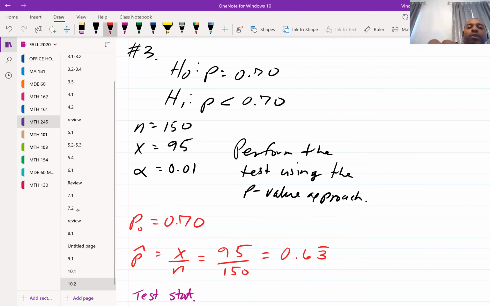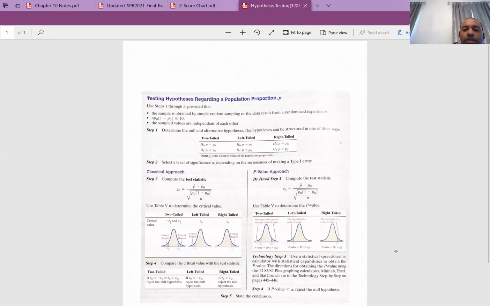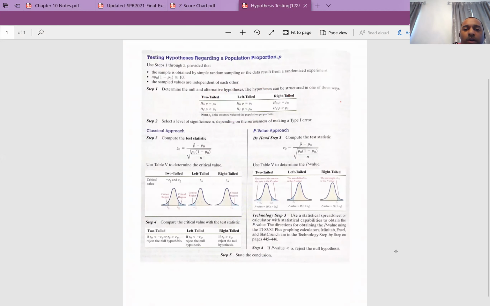Now, I'm going to flip back to your steps, but I just want to make sure we're clear. This part is already done. This part is already done. They already gave us our significance level. So now we need our test statistic. Notice that's p hat minus p naught over the square root of p naught times 1 minus p naught over n.